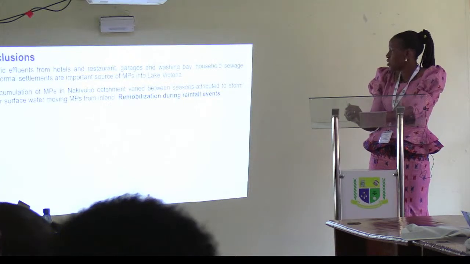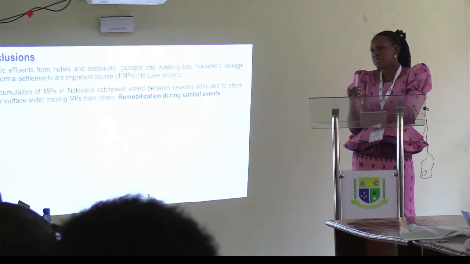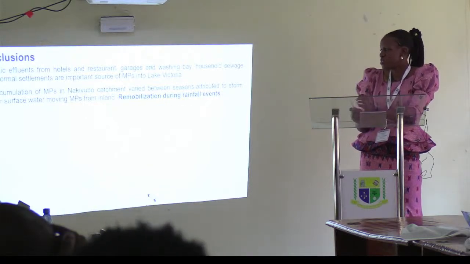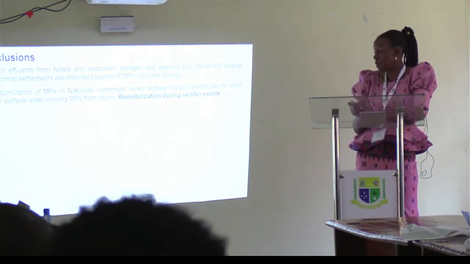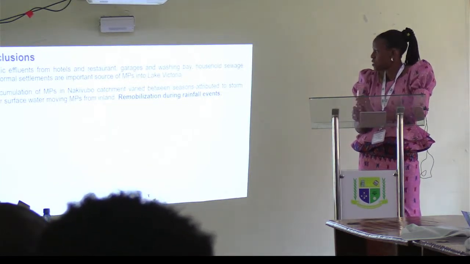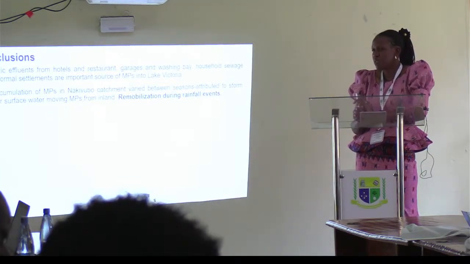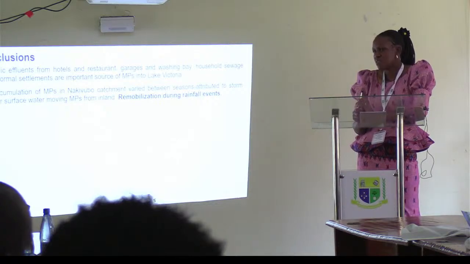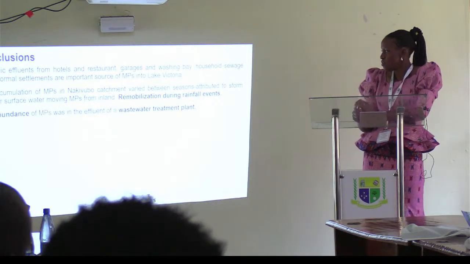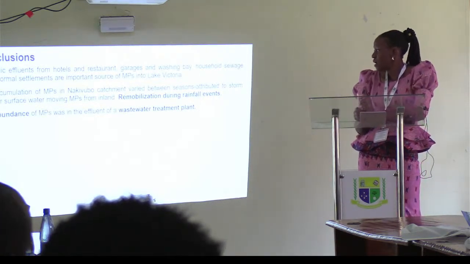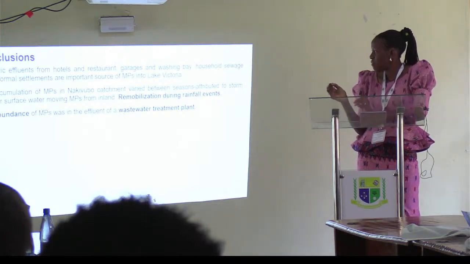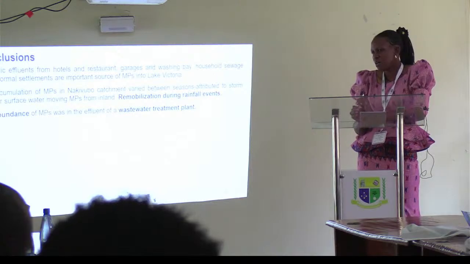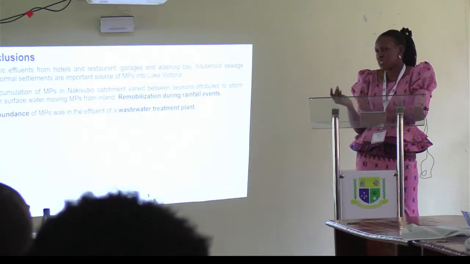There is also this accumulation within the wet season and the dry season. At least we could see that within the wet season, we are having a higher percentage of microplastics within the environment, which is causing the variation between the different seasons. You also find that in the areas where we have the wastewater treatment plant, the effluent had low amounts of microplastics, which is a good thing.